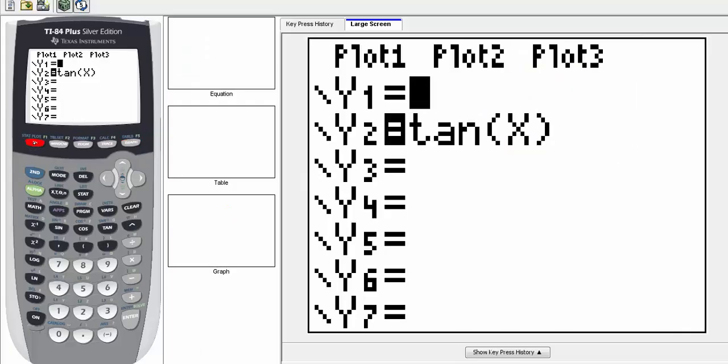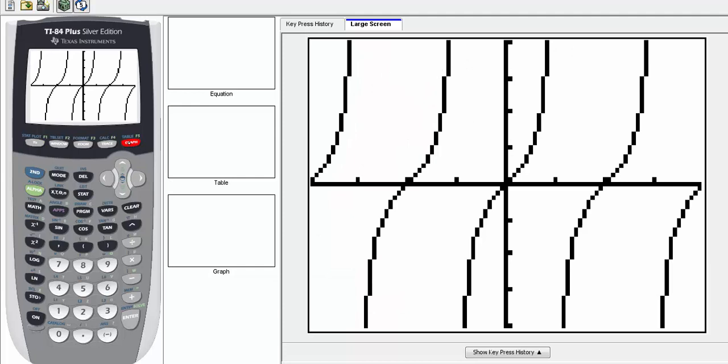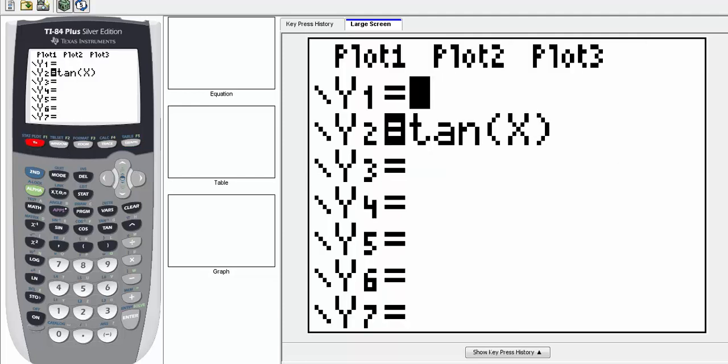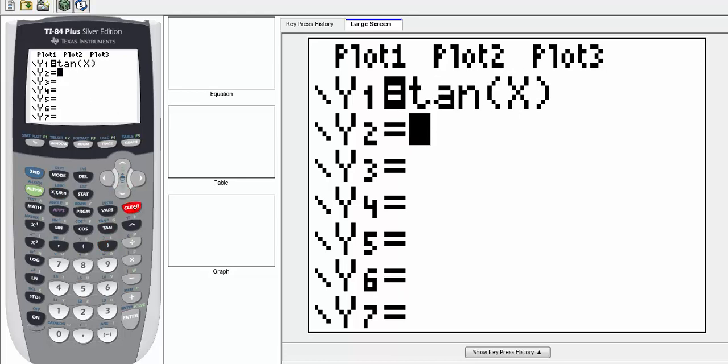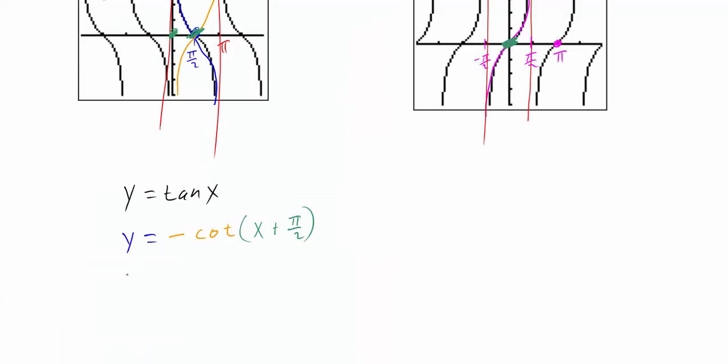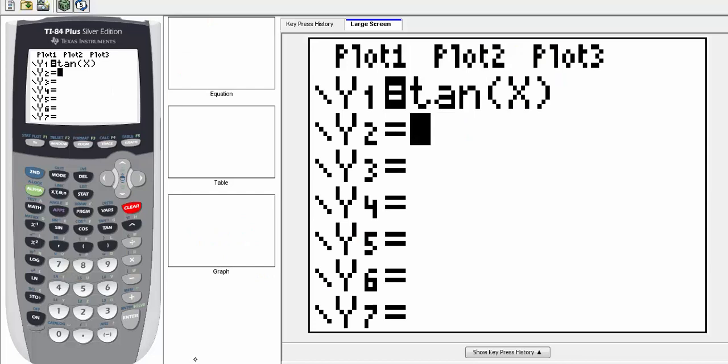First of all, here's our tangent function. I want to type in the cotangent, so let me put the tangent in as y1. Now remember, in order to put this into the calculator, we're going to have to type in negative 1 divided by the tangent of x plus pi over 2.